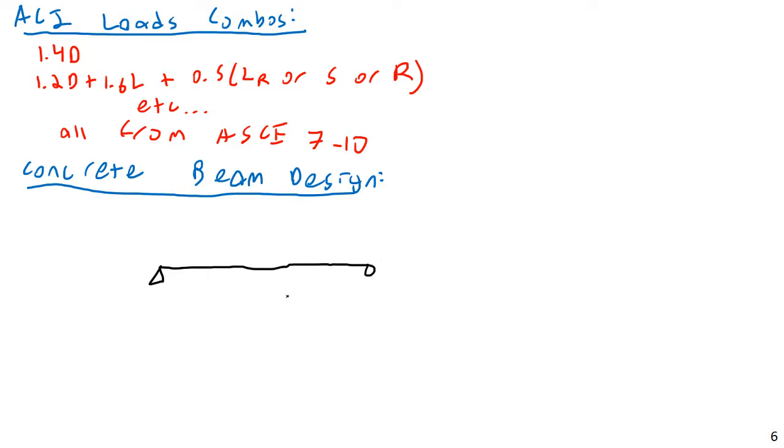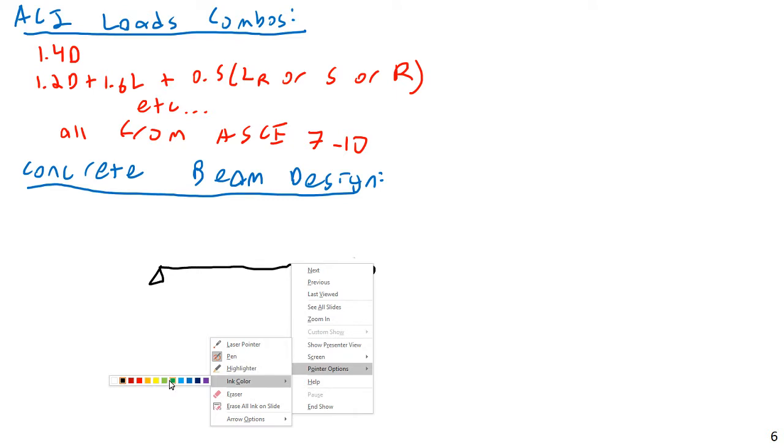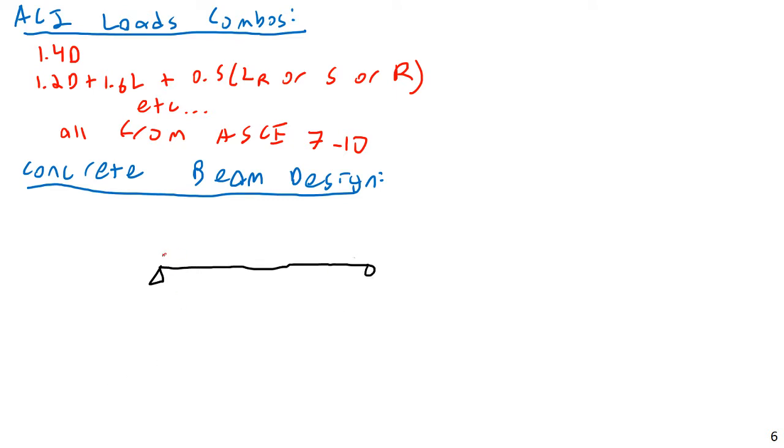The first one, of course, is going to be your self-weight. If your beam can't stand up to self-weight, well, it's really not much good for anything. You can draw that a bit like this. So we'd have self-weight.